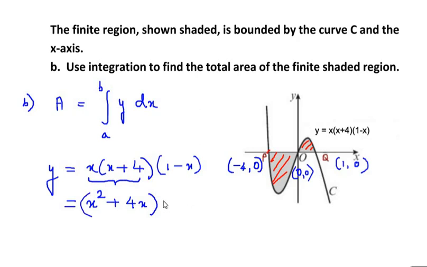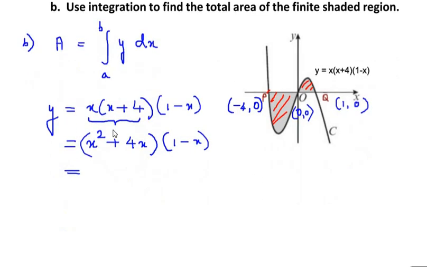This will be in one bracket and this will be in another bracket. Let me further solve this. So we have x square times 1 is x square, and x square times minus x is minus x cube, and plus 4x times 1 is plus 4x, and plus 4x times minus x is minus 4x square. So I have expanded the two brackets.